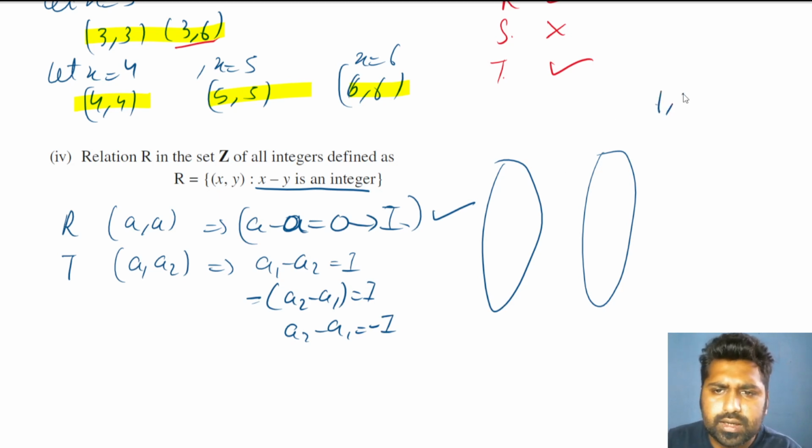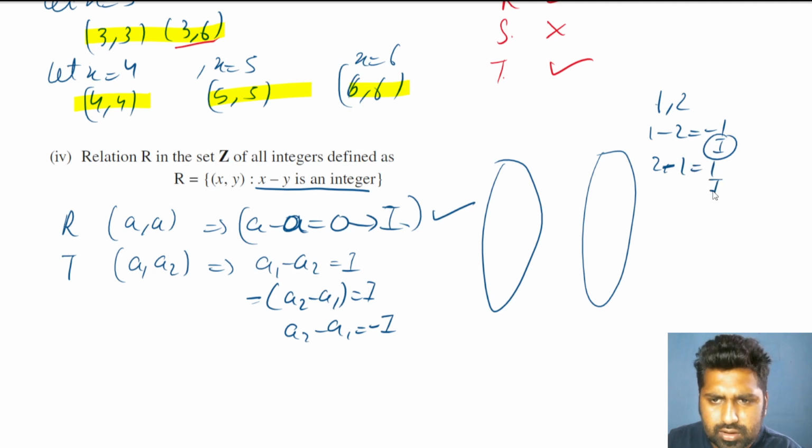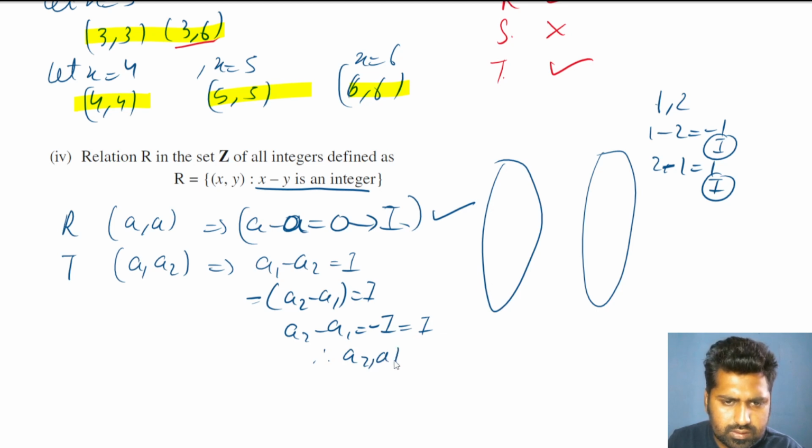Let's say I take 1 and 2. 1 minus 2 is minus 1, an integer. And 2 minus 1 is 1, also an integer. So the negative of an integer is still an integer, therefore a2 a1 is also in this relation. So symmetric also.